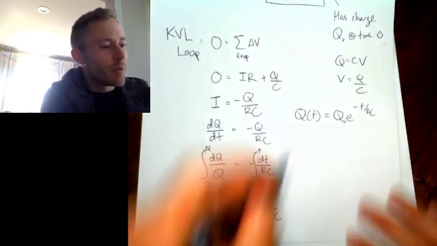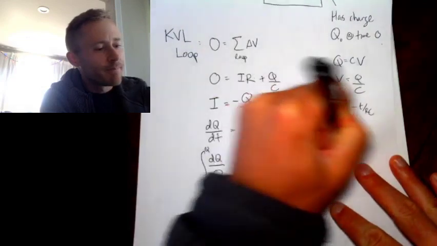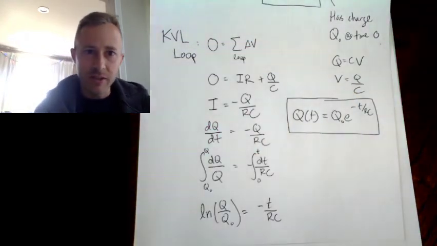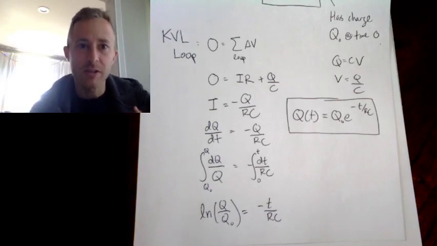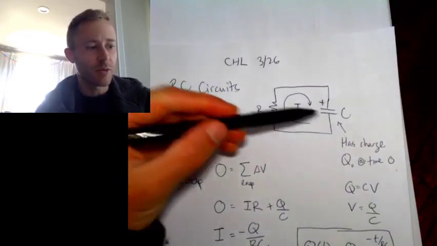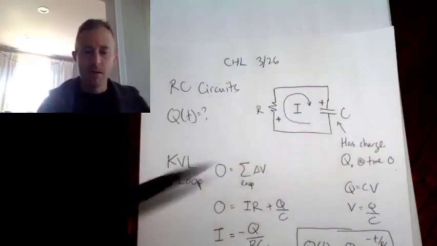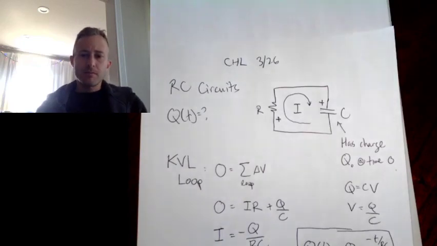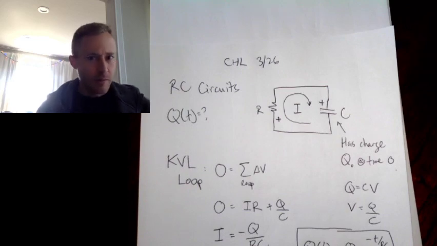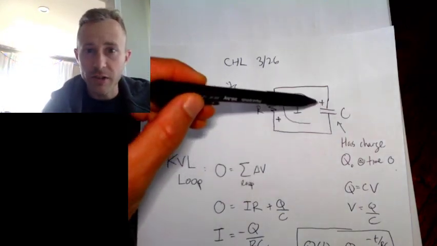So this is our big equation for today. What this says is that the charge on the capacitor exponentially decays. So this capacitor, if it starts out with some charge and we put a resistance, the capacitor is going to discharge.